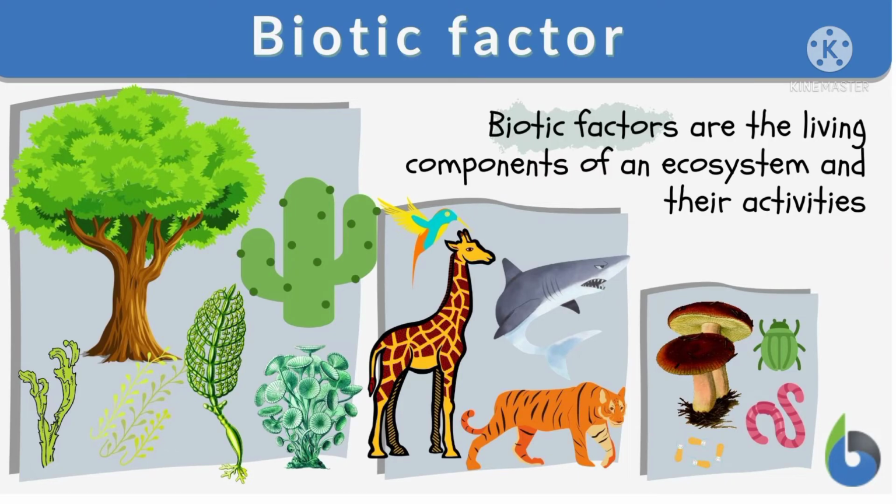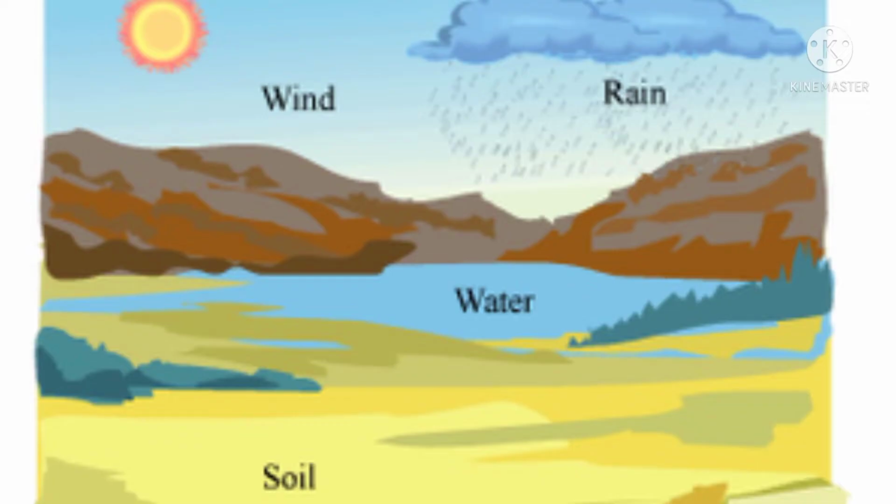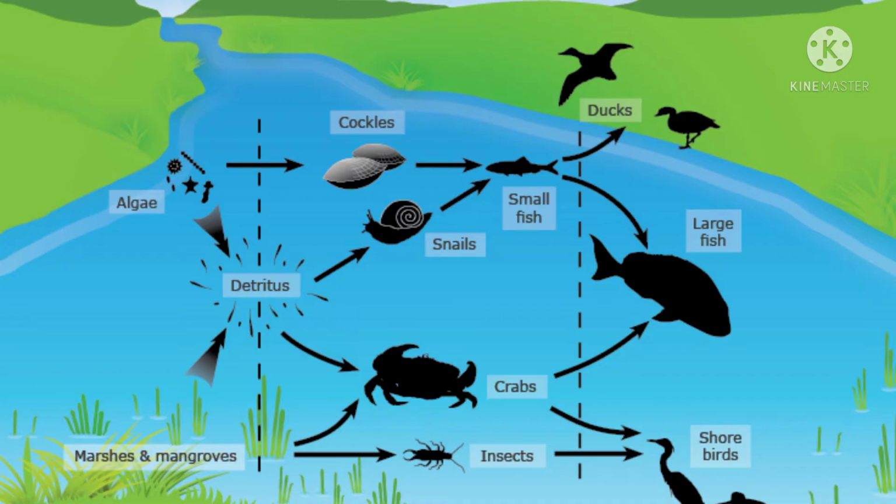The biotic factors are living things which include plants, animals, and microorganisms, while abiotic factors are the non-living things found in the ecosystem. What are the biotic and abiotic components in estuaries?